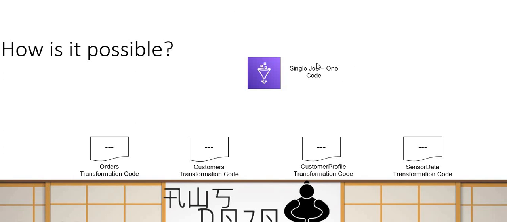So for instance, this job has one standard code, but then there's a separate code for orders, a separate code for customers, a separate code for customer profile, and so for sensor data.